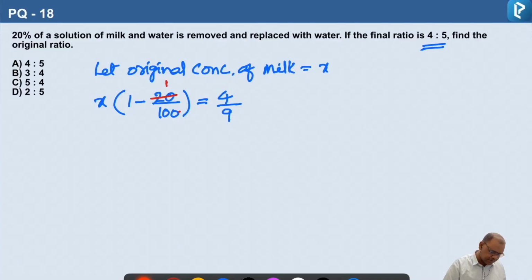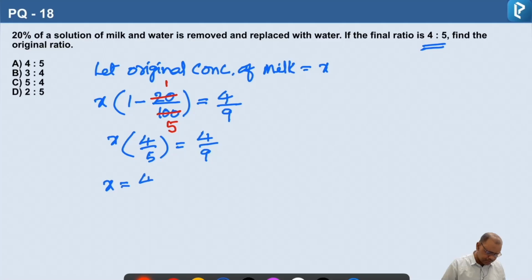So this is 1 time and 5 times. X into 1 minus 1 by 5 is 4 by 5, which is equal to 4 by 9. X is equal to 4 by 9 into 5 by 4.